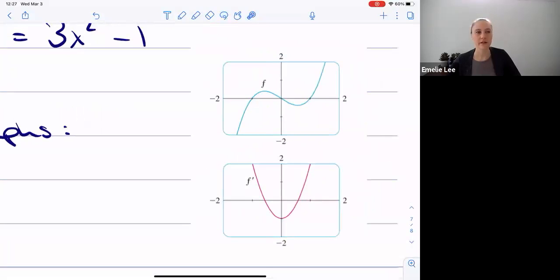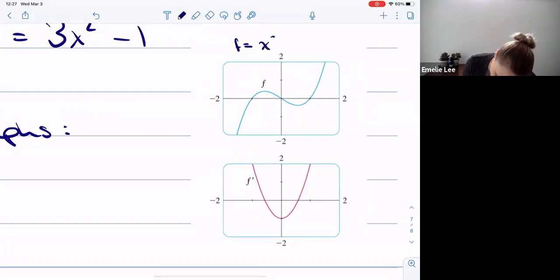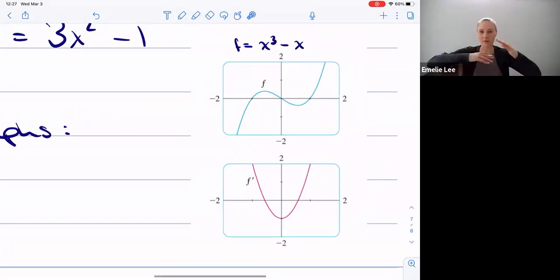So here we started with f, which was x to the 3 minus x. Knowing a little bit about x to the power of 3, I'm expecting it to have this kind of overall shape.